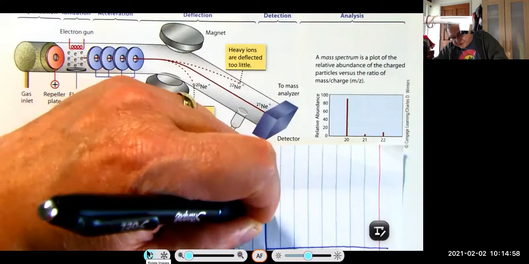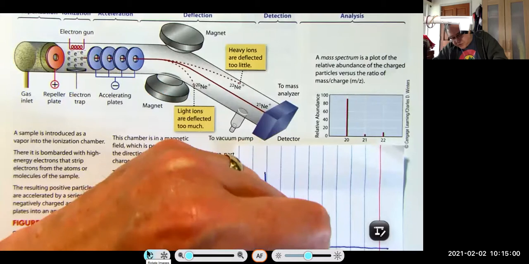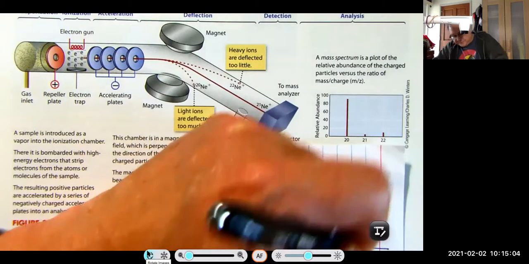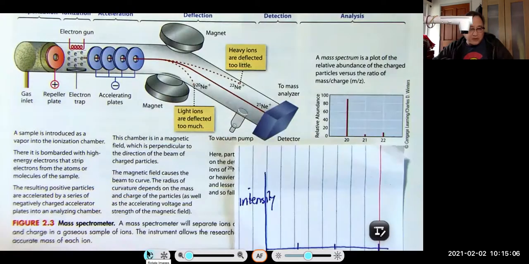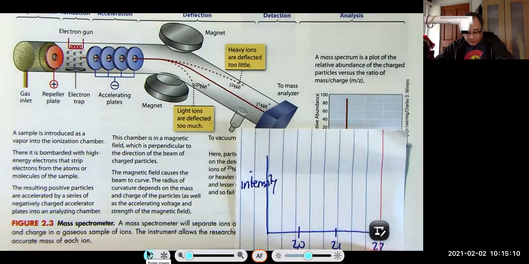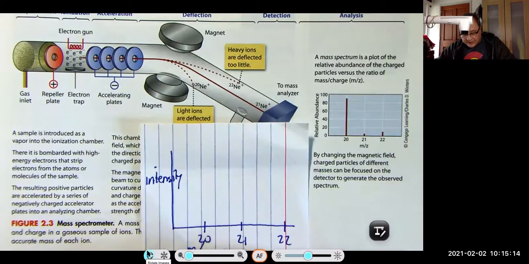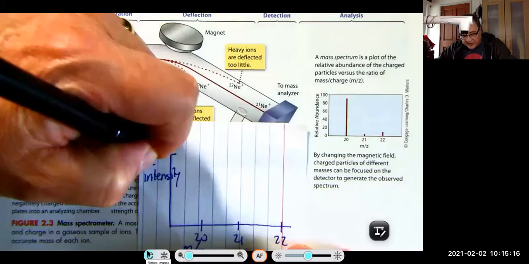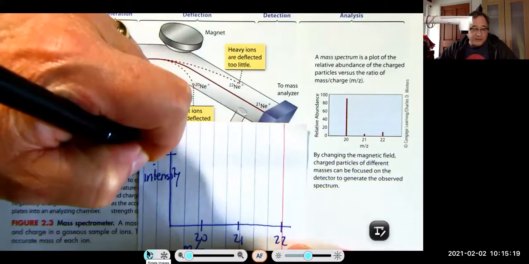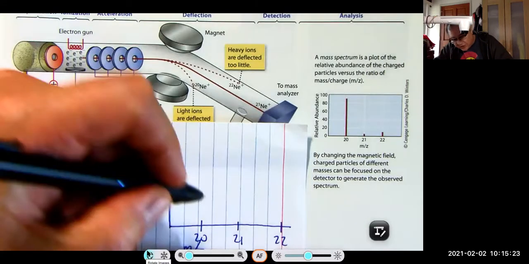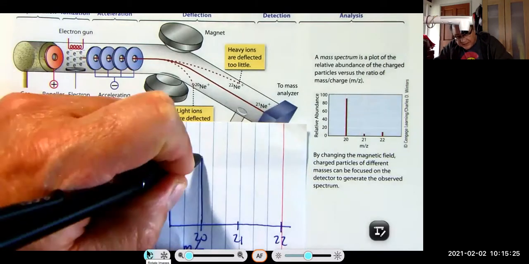This is going to be mass to charge ratio, and we're going to have 20, 21, and 22. The way a mass spectrometer works, and I'm going to have to move this up just a little bit, and I'm going to move it over to the right so you can still see this. The way this works is that the peak that is the tallest means it's the isotope that you have the most of. That's automatically assigned exactly 100.